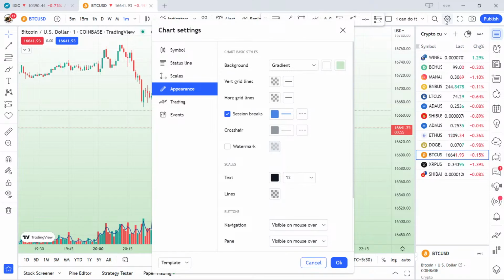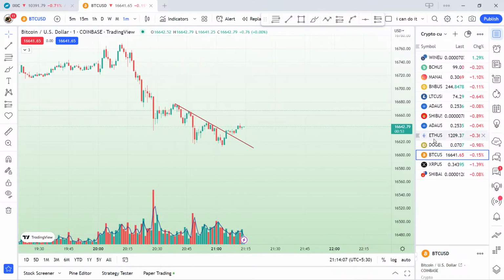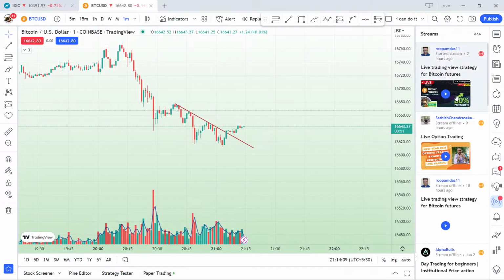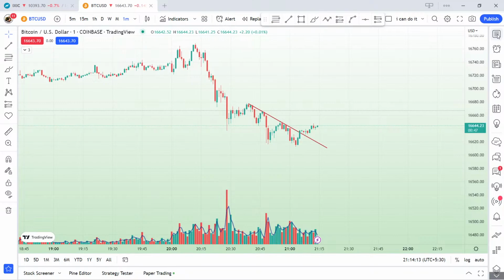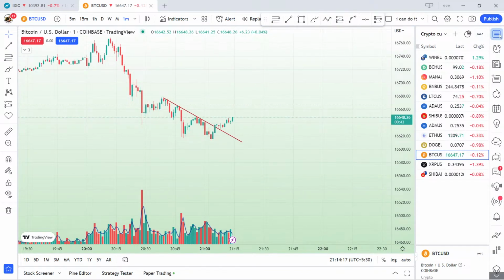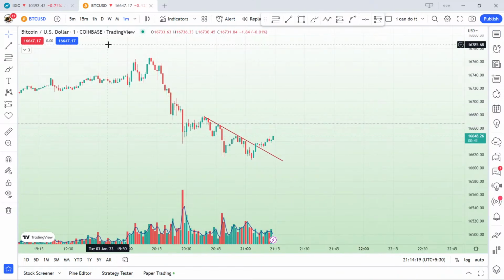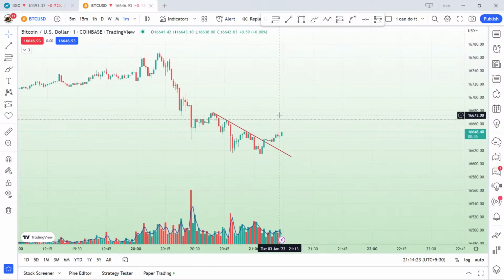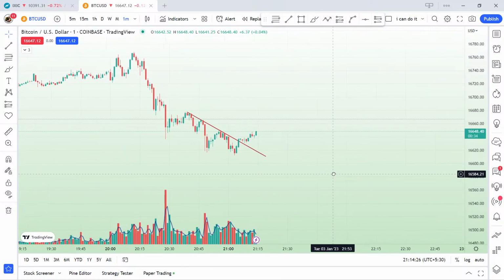No, no, no. Fine. So we're only going to deal in Bitcoin. Okay, Bitcoin dollar. Let's remove this, and we're not going to use any of this. Let's do 1 minute.